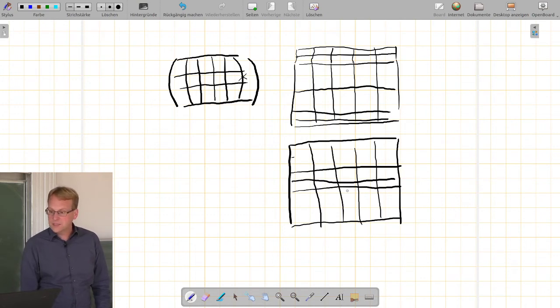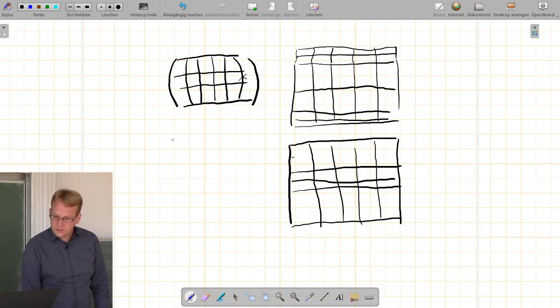So it's exactly the opposite of the first one. It's that one here, where the distances between the lines of equal latitude are getting larger and larger towards the poles, but still it's a cylindrical map projection.